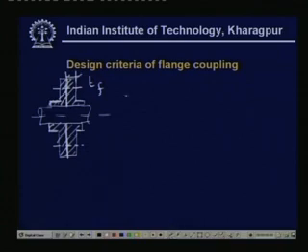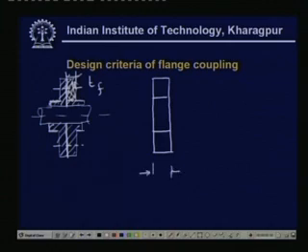When you take this part of the flange, this is T_F. Now, let us assume the total force is F. That divided by the area will be the shear stress.